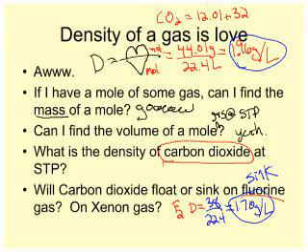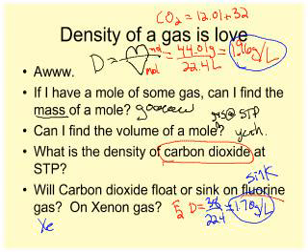More dense things sink. Now xenon, I need to look at my periodic table for xenon. Is xenon diatomic? No, there's no X's in there.